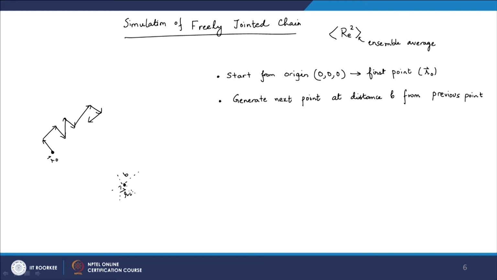So, the way to think about it is we will draw a sphere of radius b around r I, and then I will choose any point on the sphere surface as r I plus 1, where the sphere has a radius b.